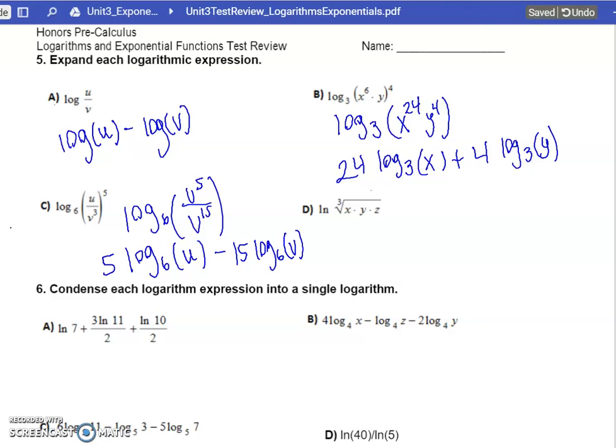And then lastly, I can think about this cube root. I could replace it as a 1/3 exponent because the square root is a 1/2 exponent, so third root is a 1/3 exponent. And now I can get 1/3 times ln of x plus ln of y using the product law here plus ln z, but I ran out of room.